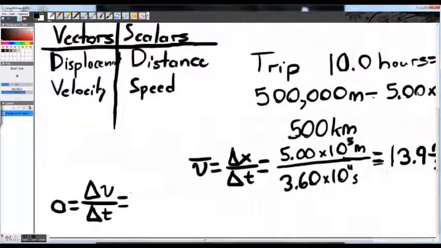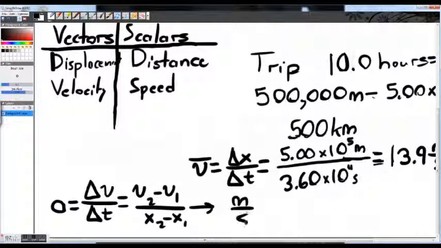Of course they accelerated. So we have v2 minus v1 over t2 minus t1, and our units are going to be meters per second squared, and basically means that the object increases velocity by x meters per second every second.